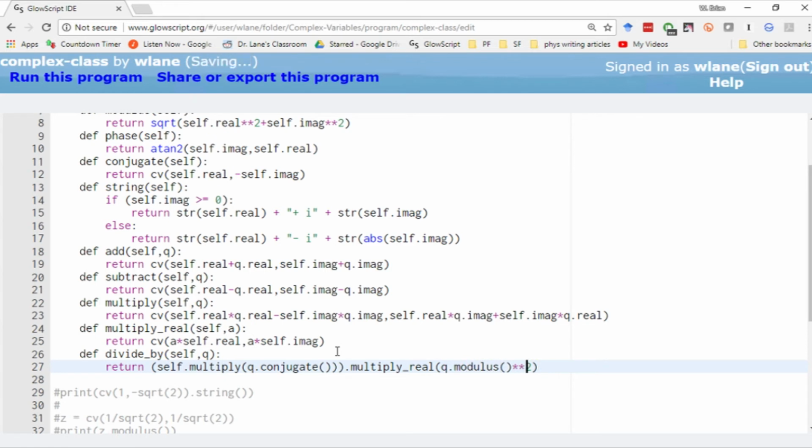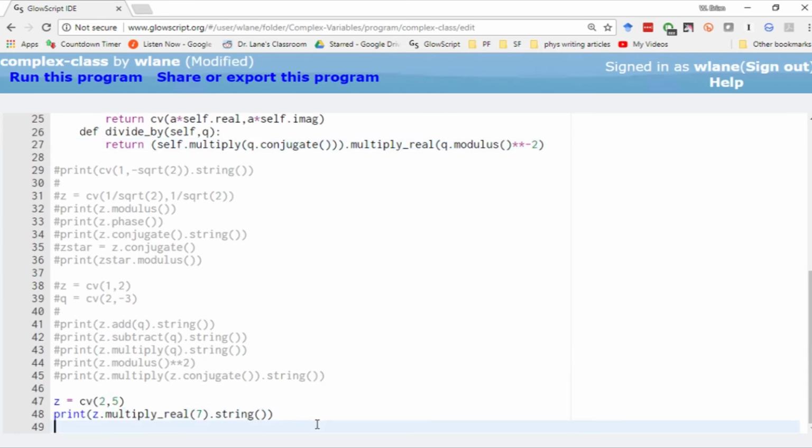Let's just make that q.modulus to the -2 power. So rather than write out all the complicated algebra, I've written out a complicated set of function calls. But let's review this. We've got the complex number z times the conjugate of q, and then we're going to multiply that whole thing by 1 over the modulus of q squared.